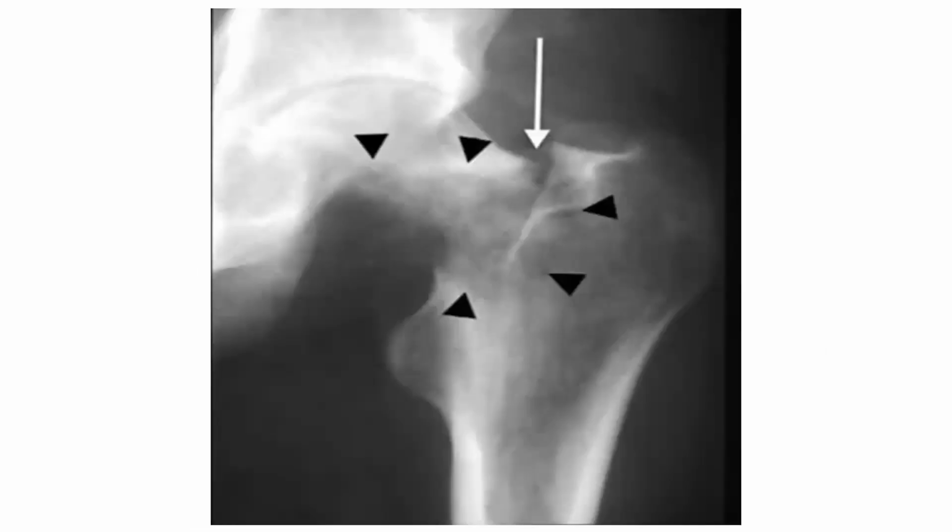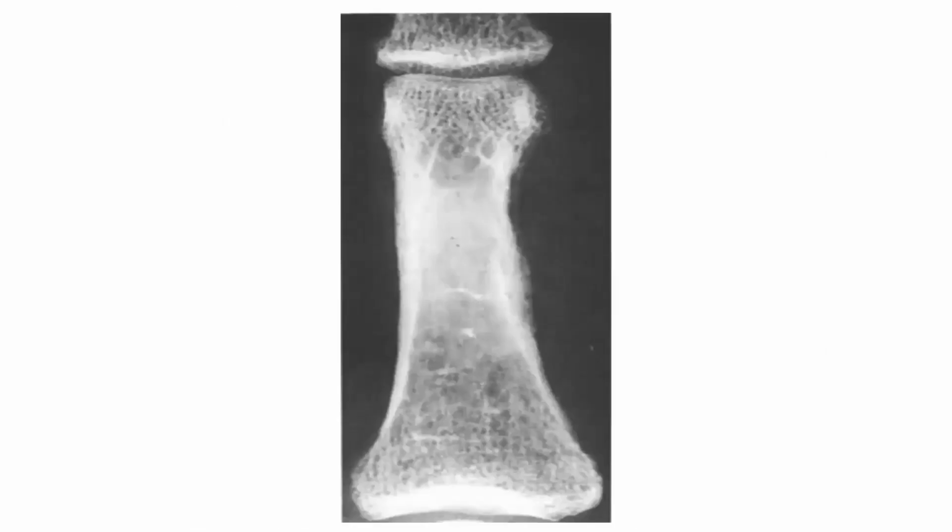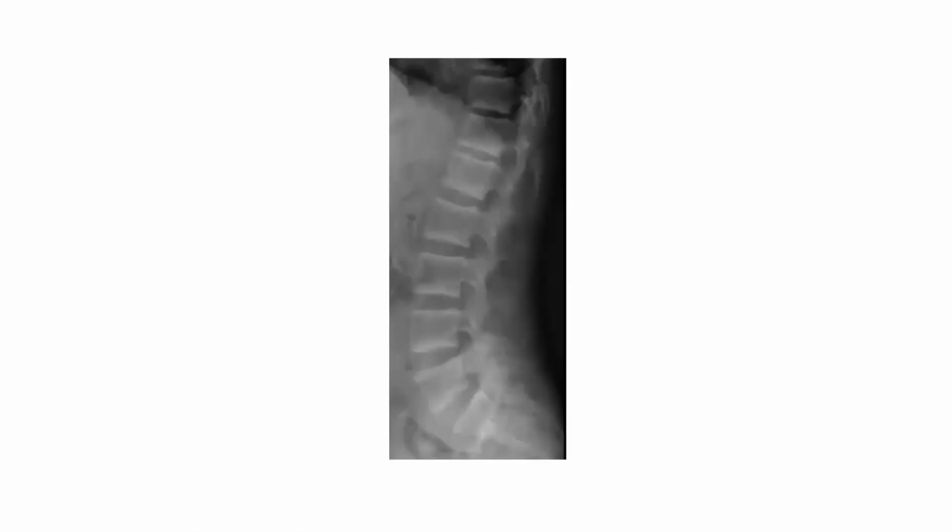Again, the fracture of the femur, osteoporotic bones, decreased mineralization of the bones, rugger jersey spine, increased disc spaces.